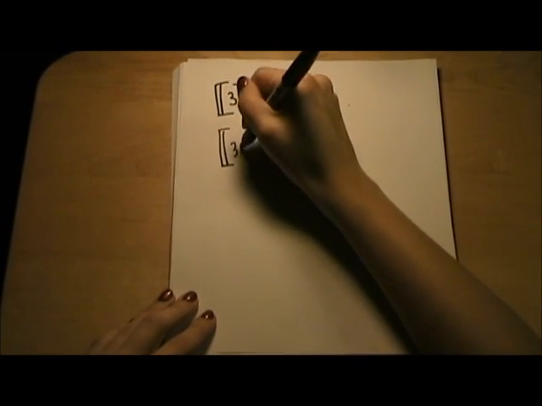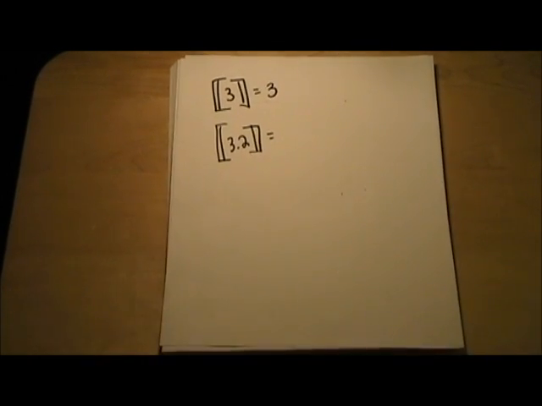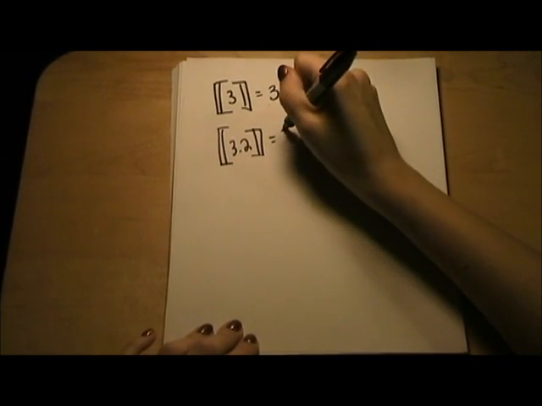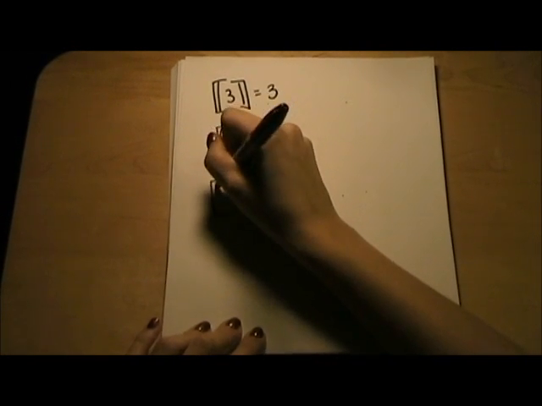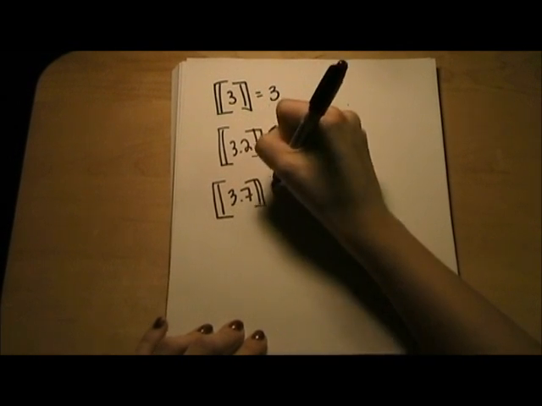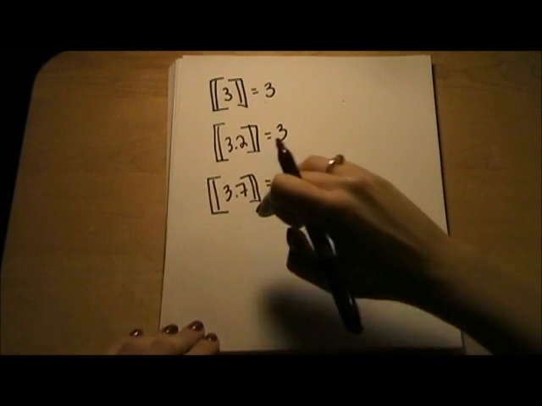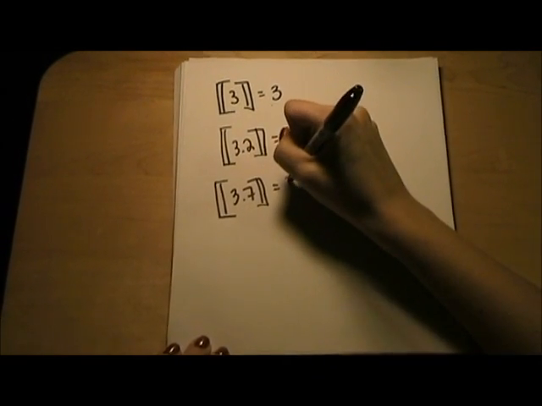If I gave you 3.2, okay, it's the greatest integer less than, so the greatest integer less than 3.2 would be 3. If I gave you 3.7, okay, even though people would want to round up, because we're using the greatest integer symbol, the greatest integer less than or equal to that would be 3.